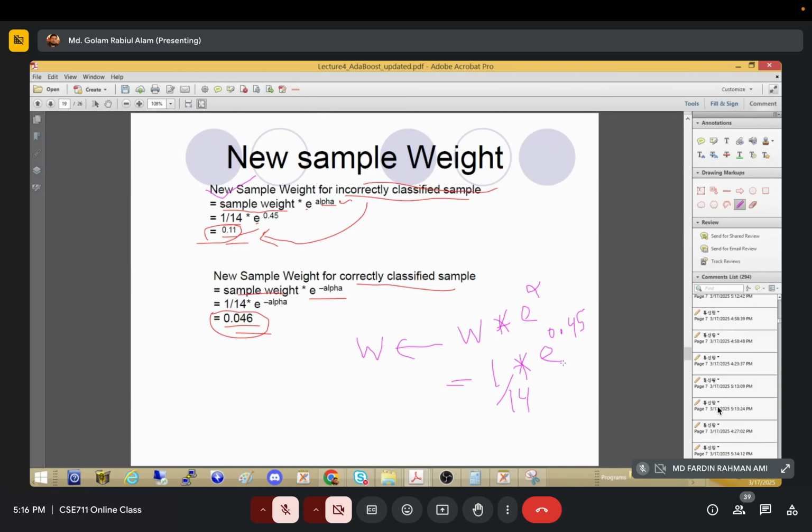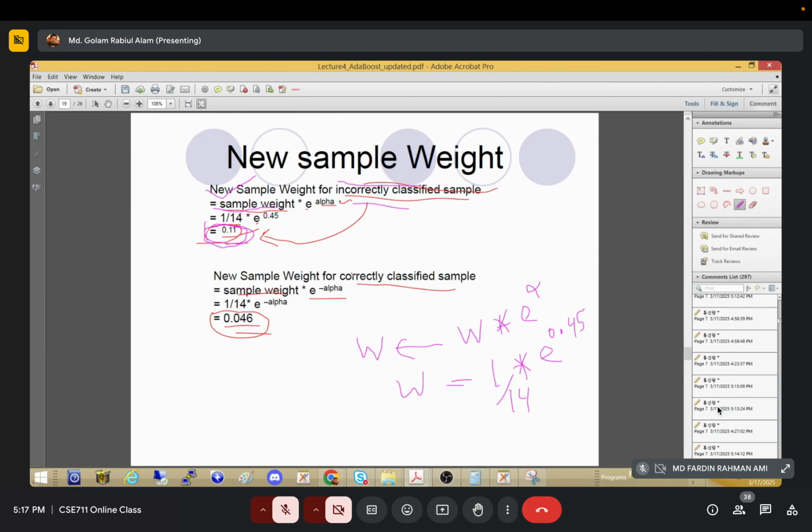So using this equation, we can find out the new weight for the misclassified instances. The sample weight times e to the power alpha will be 0.1. We need to update the weight of misclassified instances using the factor e to the power alpha.